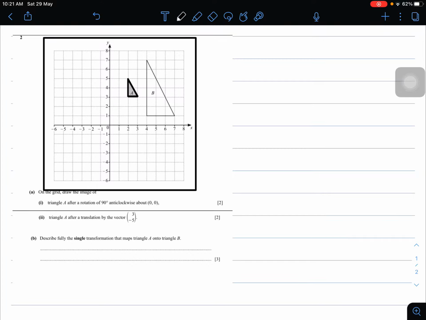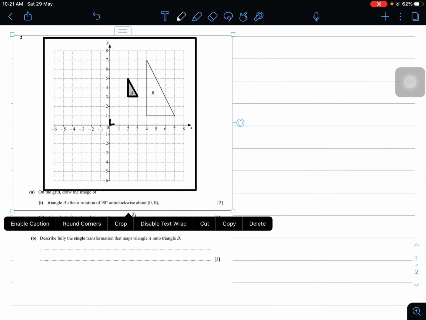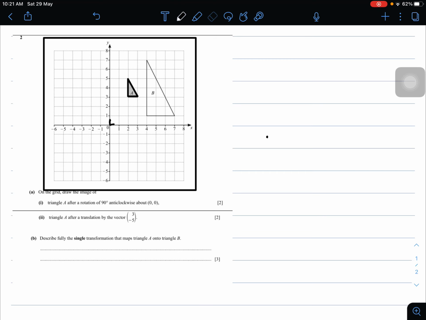So there, you've drawn shape A, and they are asking you to rotate it anti-clockwise about 0, 0. So when you do that, to confirm that you have rotated exactly 90 degrees, you make a right angle or an L mark at the center, or about the point that you are rotating clockwise or anti-clockwise, in this case 0, 0.